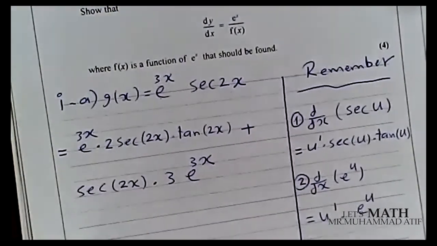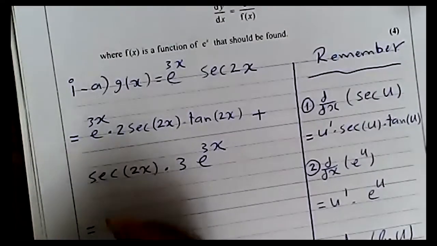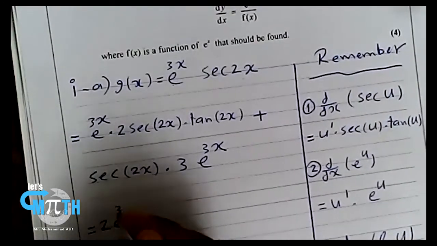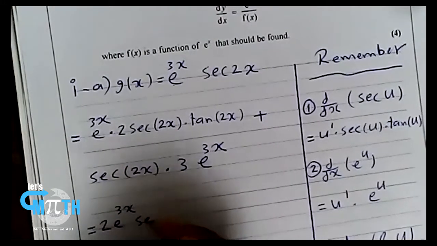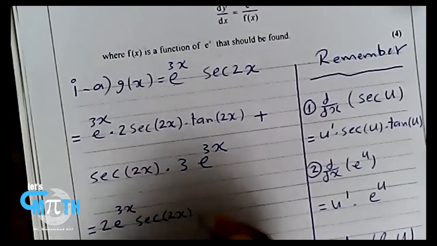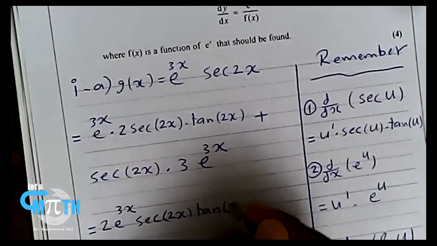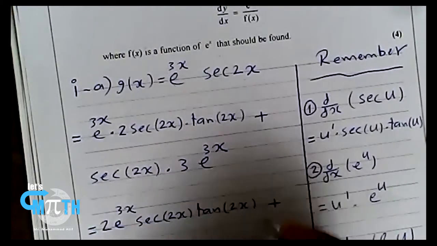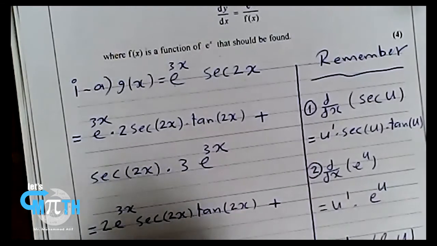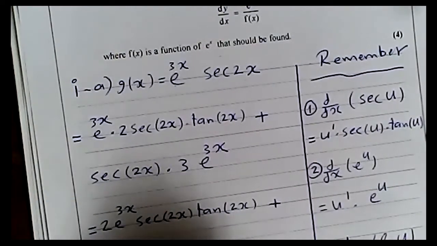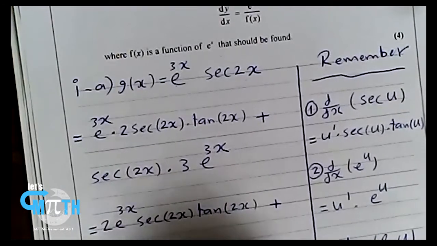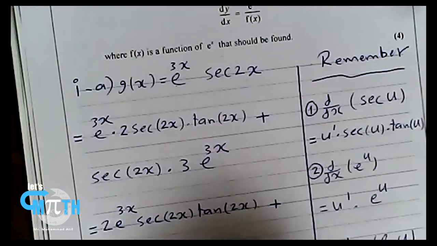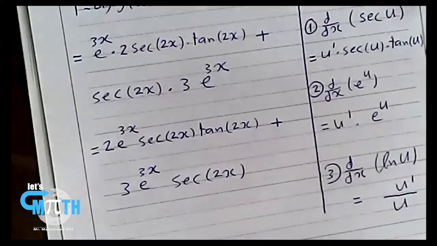So you can put it in a simpler form, 2e power 3x and so on. This is a simpler form for the derivative of the function g. Here we have done part A of I.